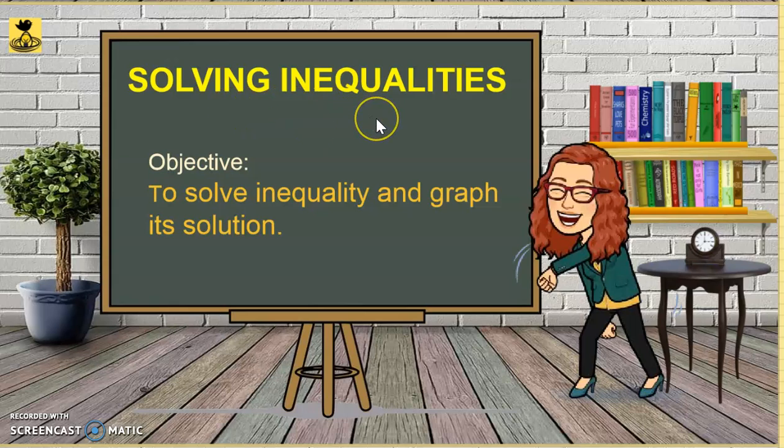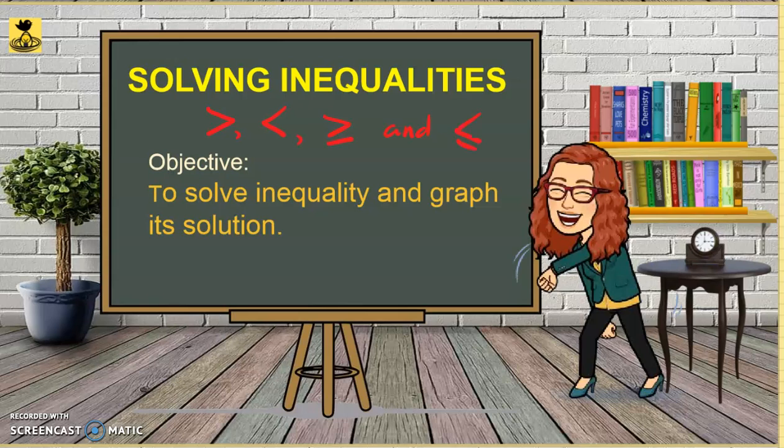Solving inequalities is somehow the same as solving linear equations, but the only difference is that we will be using symbols like greater than, less than, greater than or equal to, and less than or equal to.